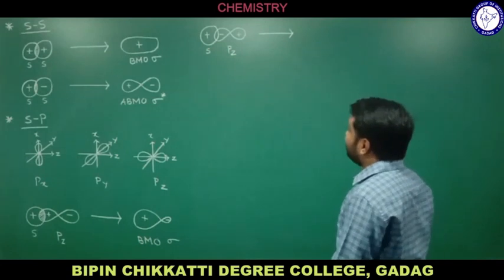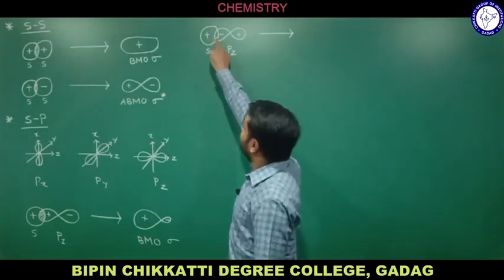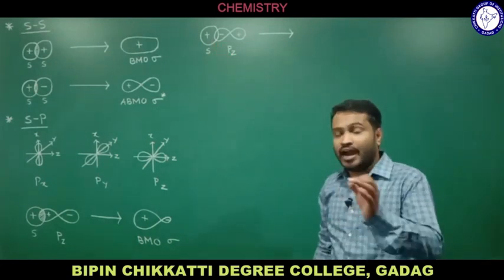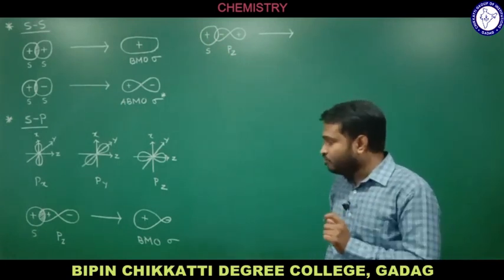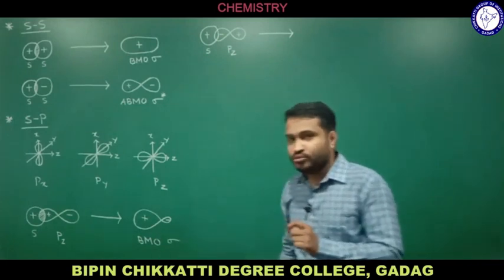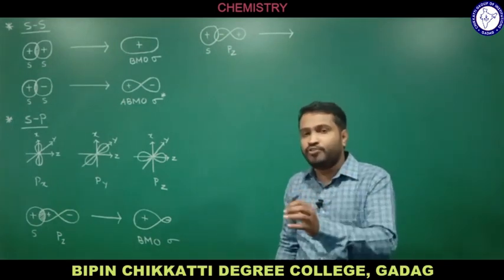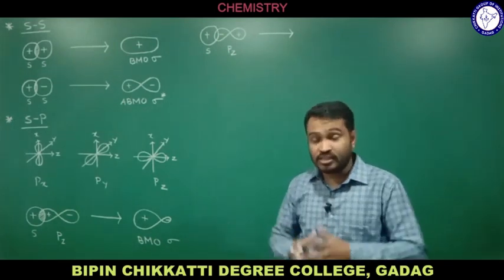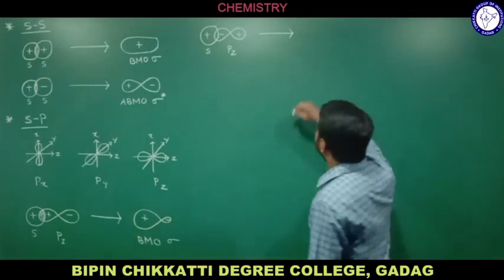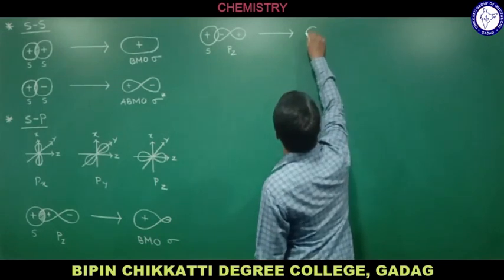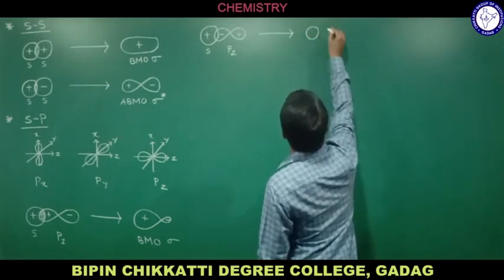And now in this fashion, the lobe with the plus and the lobe with the minus stands for anti-bonding molecular orbital. And one point you remember, in case of BMO, the electrons are going to contribute for the attraction of the atomic orbitals. That's why you get quite bigger lobe, we can say. Whereas in this case, that corresponds to repulsion. Therefore how we can represent that?